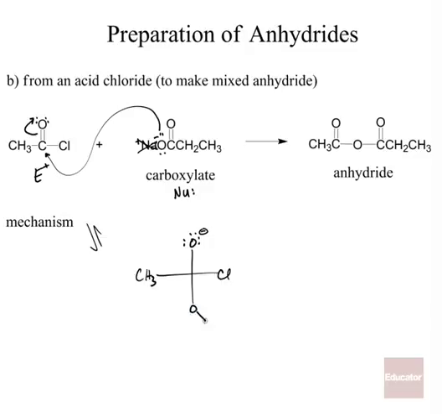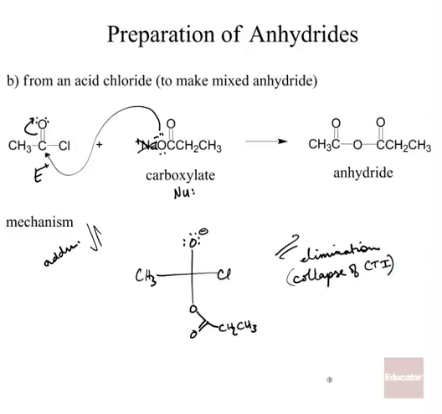It was an oxygen with a carbonyl and then a CH2 and a CH3. So there's our addition. Remember, overall, our reactions are going to be an addition and then an elimination. This elimination is the collapse of the CTI. This is the reaction the carboxylic acid derivatives undergo. Addition of a nucleophile, elimination of a leaving group.